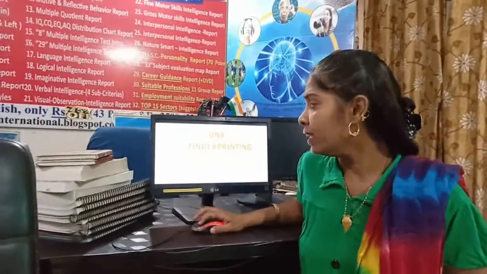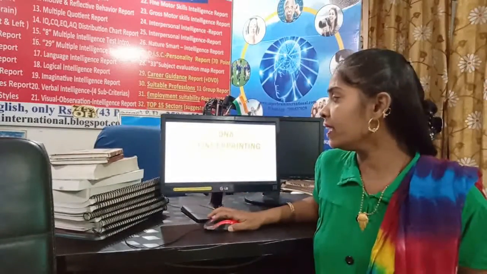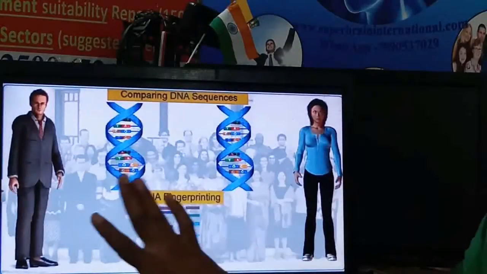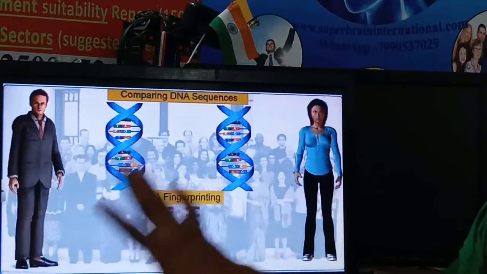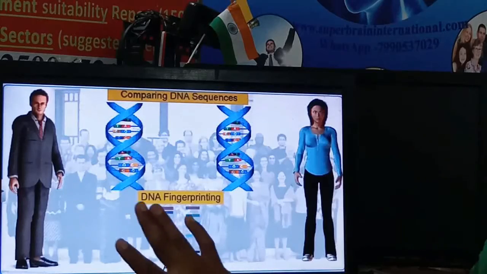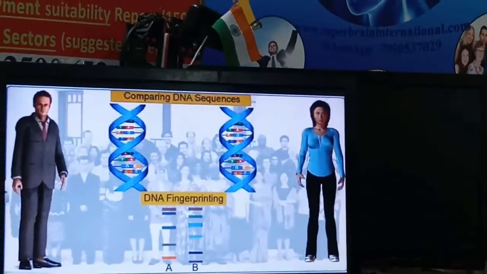So in this technique, the DNA of two different persons is matched, and this matching of the DNA and finding their differences is known as DNA fingerprinting.